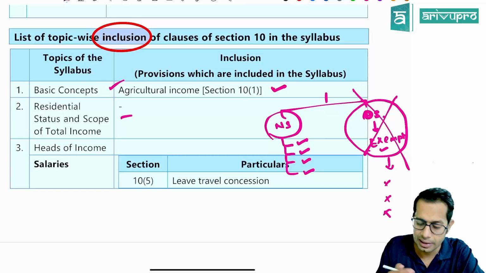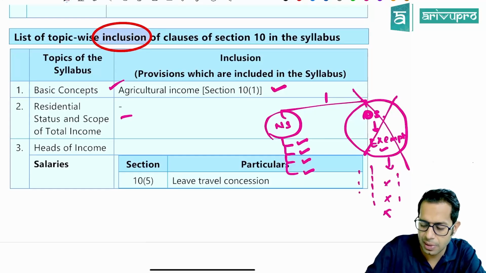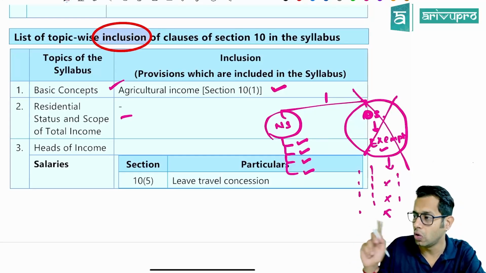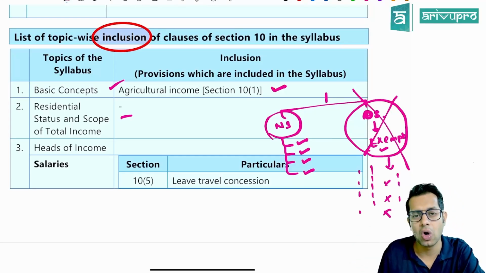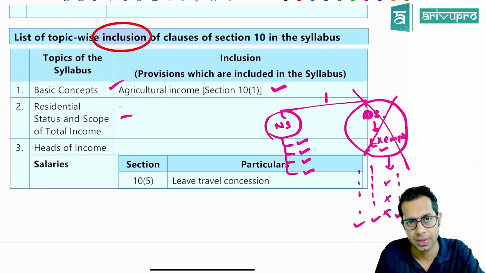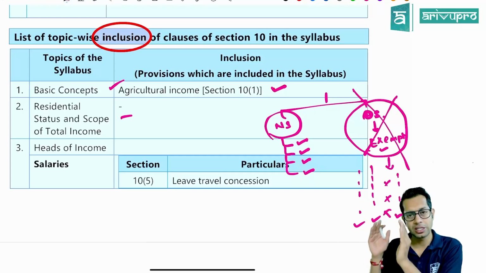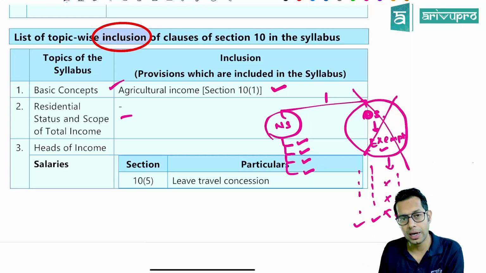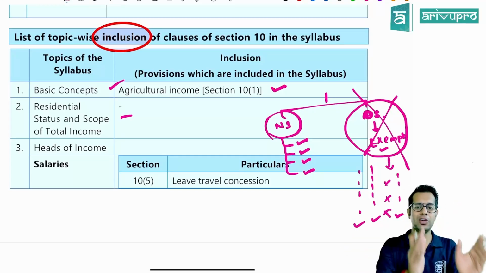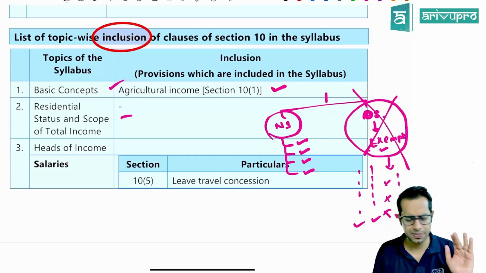No. Then there were many exemptions with respect to salary, business income, and other sources. Where are all those exemptions discussed? They are discussed in the respective chapters only. Before, there was a separate chapter called exemption. Now that separate chapter has been removed under the new syllabus, and they have included all those points in the respective chapters.